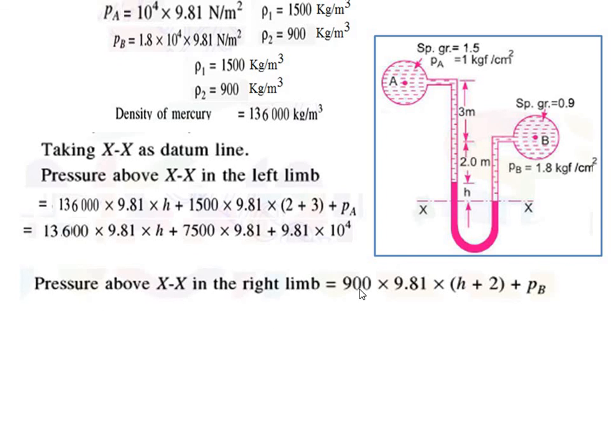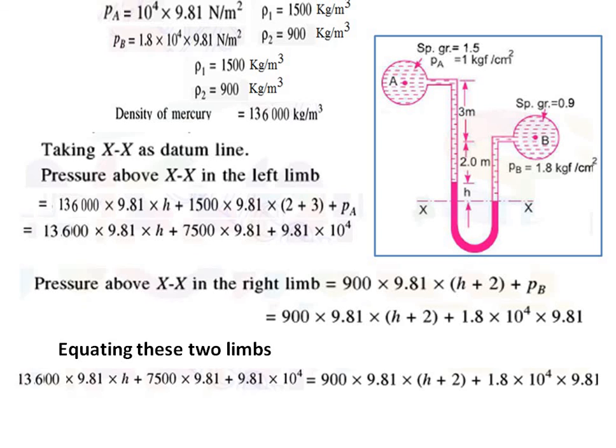At the right limb, it can be written as 900 into 9.81 into H plus 2 plus PB. Okay, so here again we have solved this equation. Equating the two equations, we calculate the value of H, and H is equal to 0.181 meter.